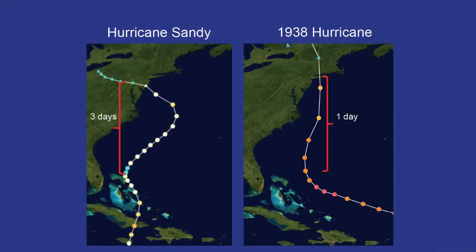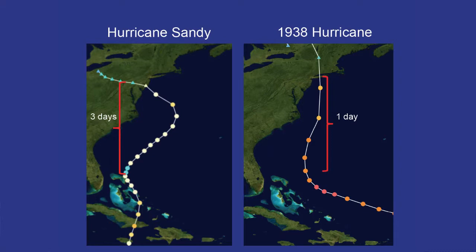And the storm accelerated and actually started to move very rapidly to the north, very different from Hurricane Sandy. And here I directly compare the 2 tracks, Sandy on the left and 1938 on the right, and I highlighted the region that each storm passed over in one day.